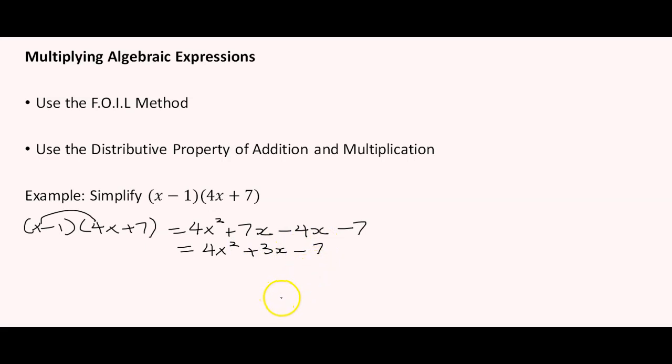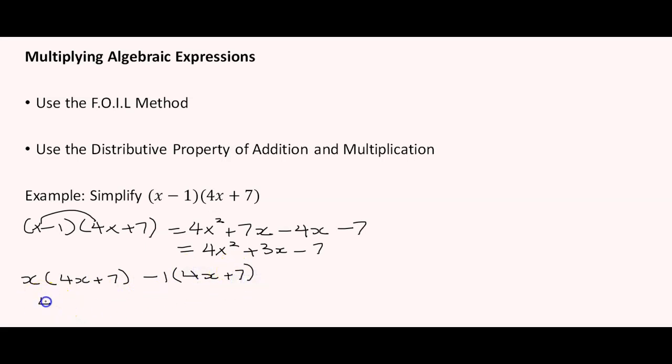The distributive property of addition and multiplication method requires you to keep one of these terms constant, and then you will take turns multiplying each of these terms here by that constant term. So we can say x multiplied by 4x plus 7, minus 1 multiplied by 4x plus 7.